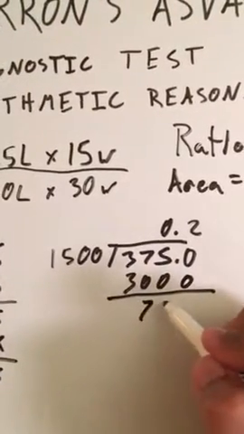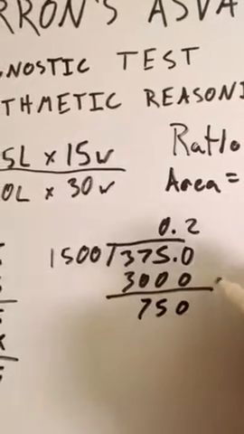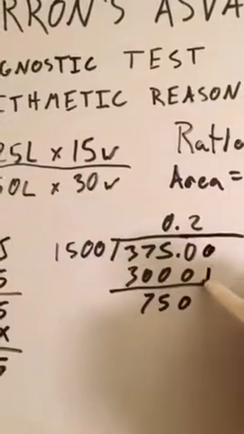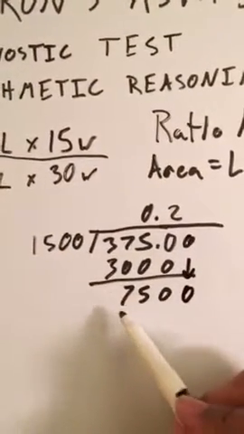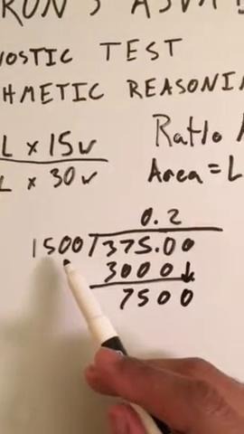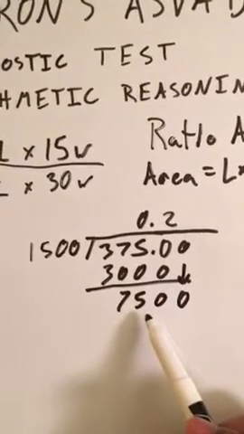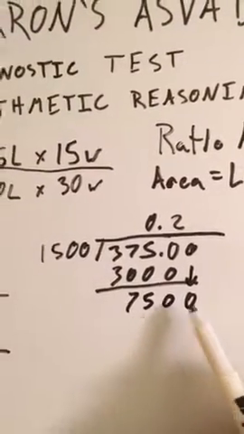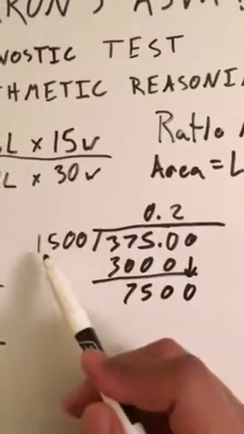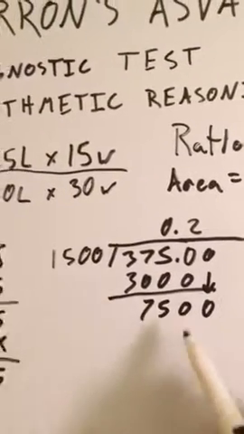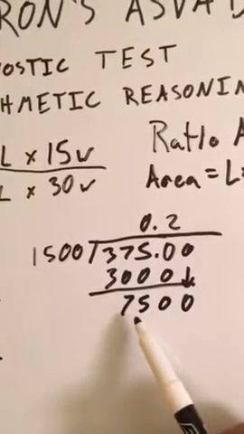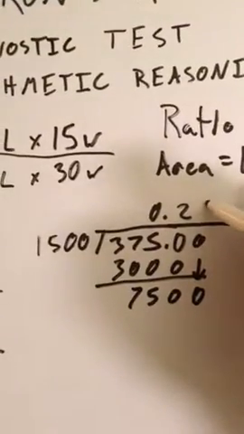So we have 750. Add another 0. Bring that 0 down. How many times does 1,500 go into 7,500? If we make it simpler, how many times does 15 go into 75? We know that 15 goes into 75 a total of 5 times.